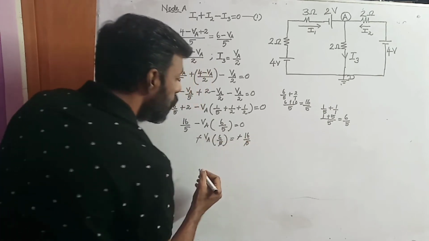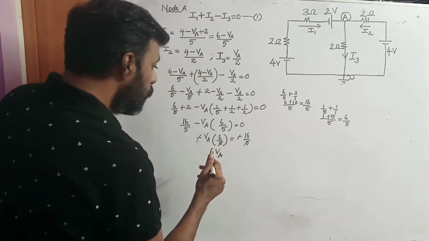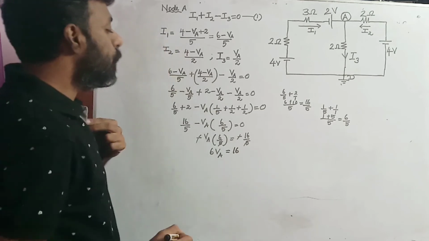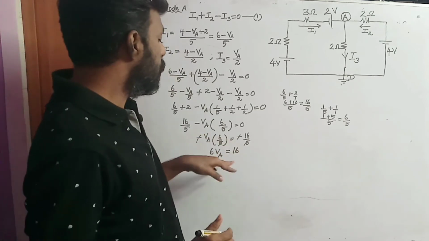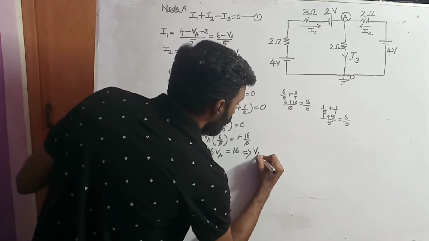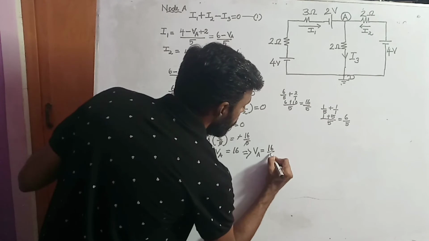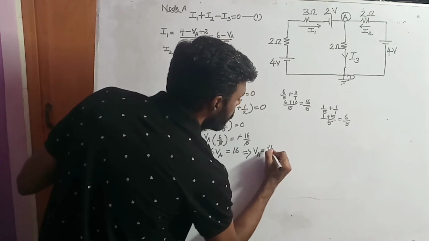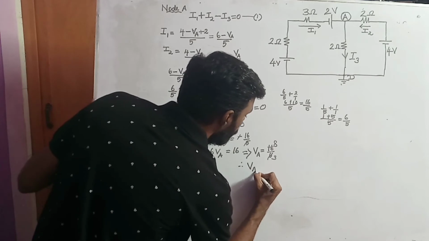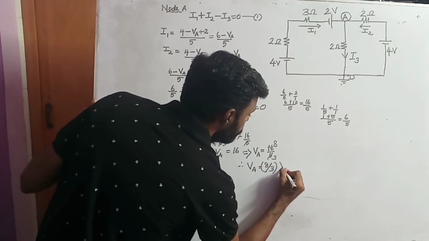So we'll be left with 6 into VA equal to 16, which implies VA will be equal to 16 divided by 6. 2 3s are 6, 2 8s are 16. Therefore, VA equals 8 divided by 3 volts.